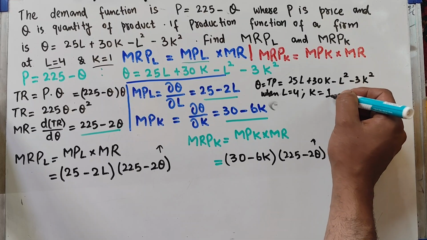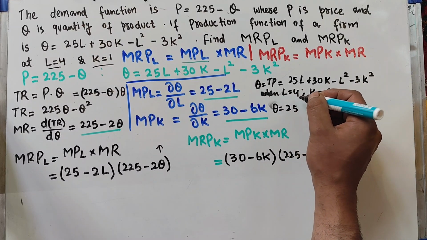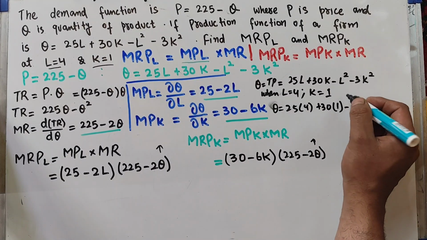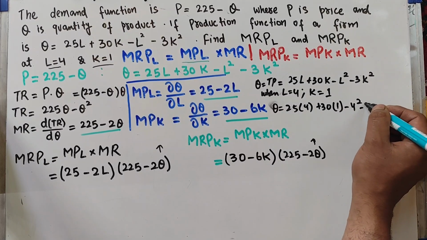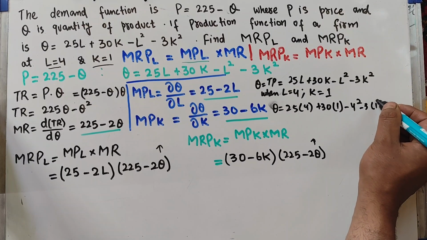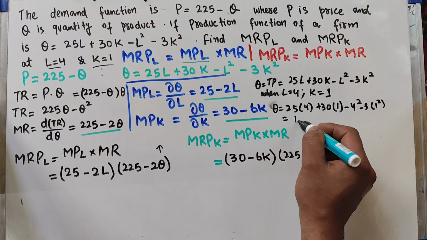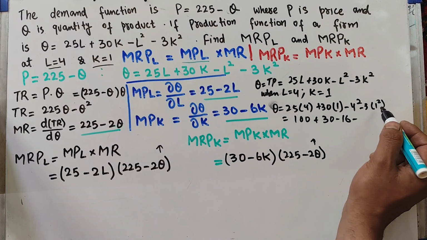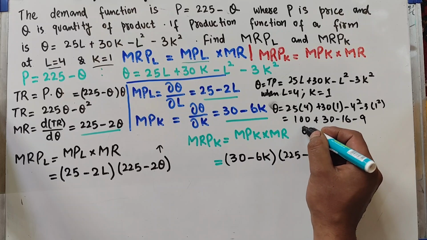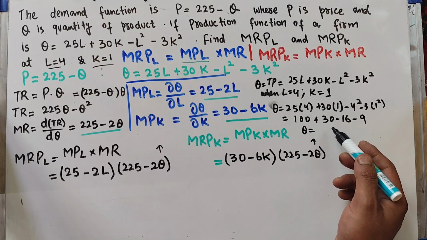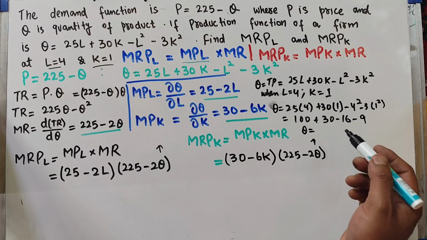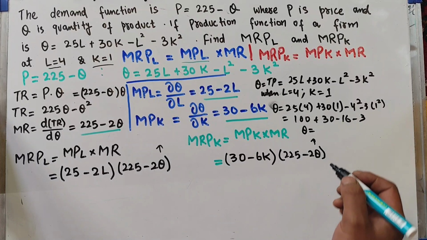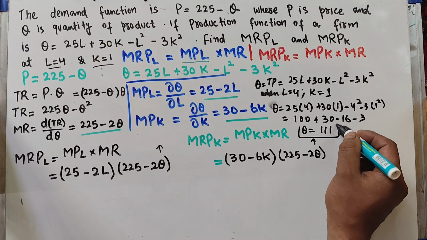So Q will be equal to 25 times 4 plus 30 times 1 minus 4 square minus 3 times 1 square. So this is equal to 100 plus 30 minus 16 minus 3. This is 130 minus 19, which is 111. So Q is equal to 111.